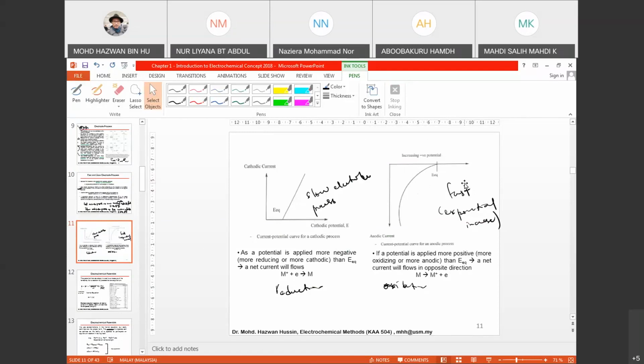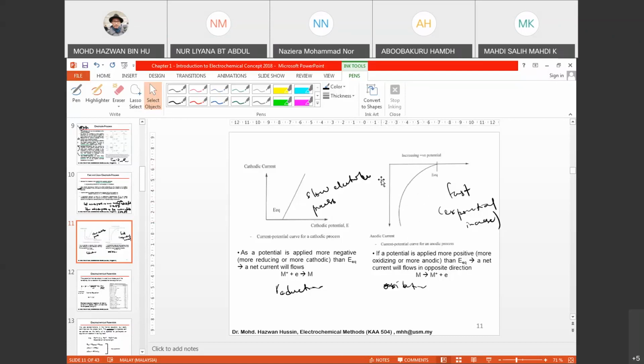If you use a voltmeter or something like that, as a response between current and potential values, you will see the trend from negative to positive is exponential. It is a positive exponential.